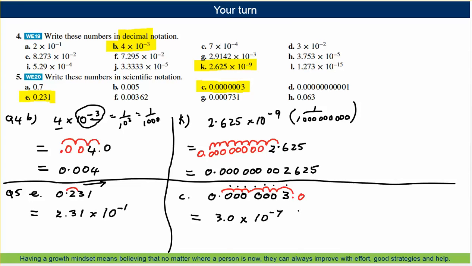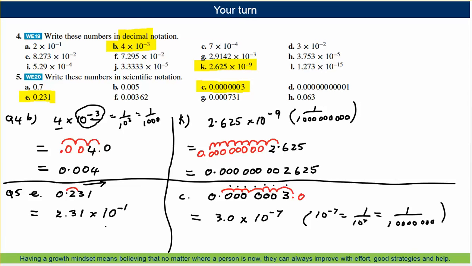So when you divide by 10 million, you're effectively timesing by 10 to the power of negative 7. Remember, 10 to the power of negative 7 is the same as 1 over 10 to the power of 7, which is 1 over 10 million. So I should be very careful how I say that, 1 over 10 million.